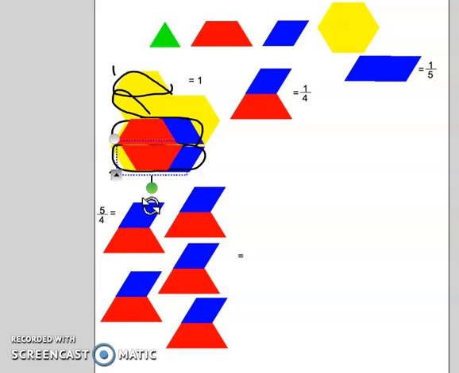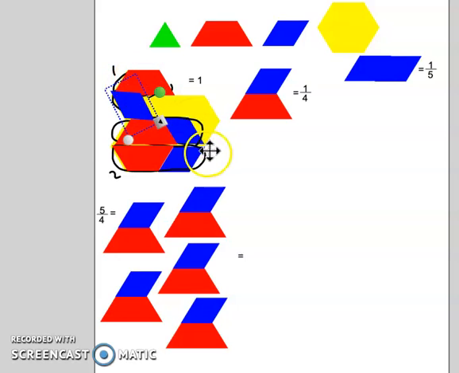Do this trapezoid and a rhombus. So we can see, and then what we have left is a trapezoid, and then now these 2 little triangles, which is the same area as this rhombus.